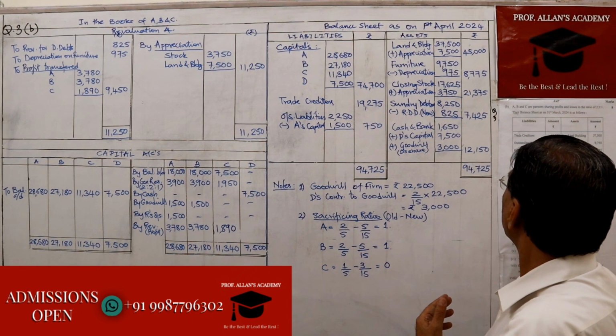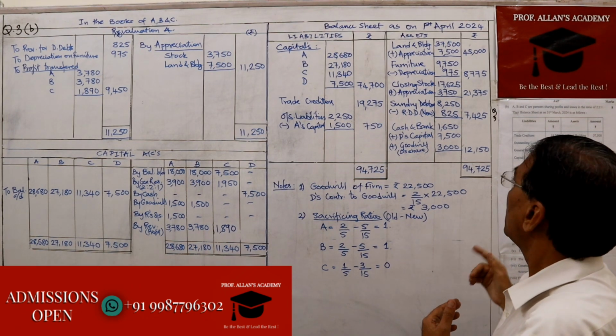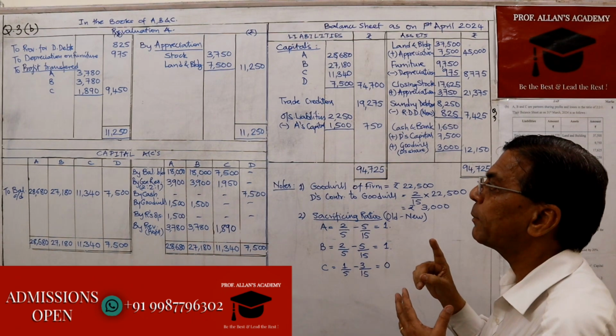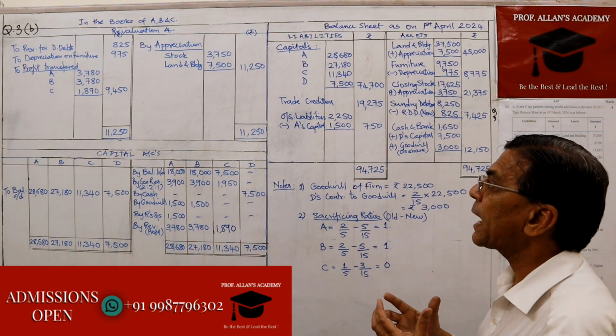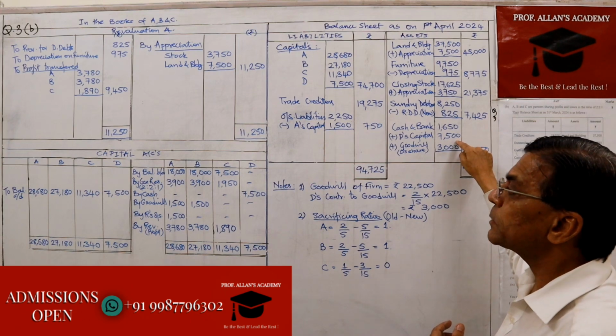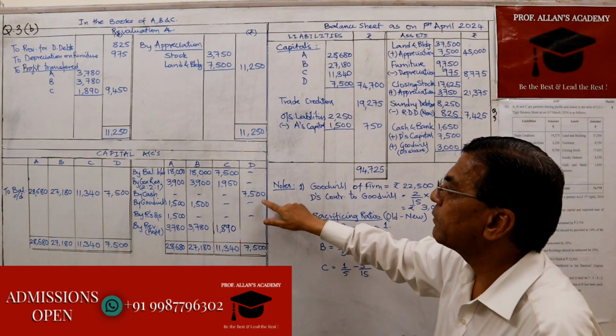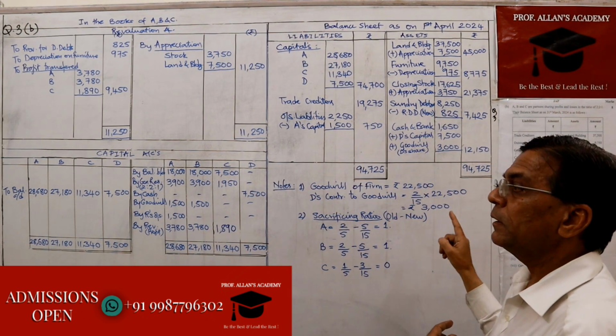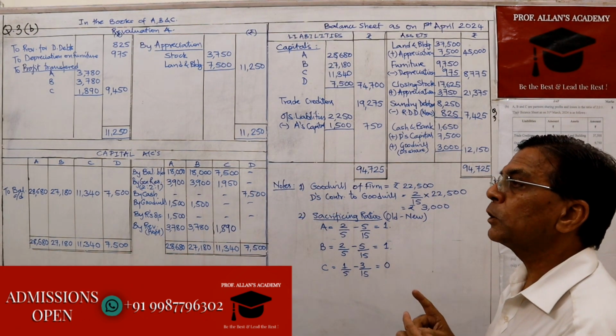Now, going through the adjustments, D is going to bring in 7,500 as his capital. When he brings in his capital, it will be in cash. So cash at bank will increase by 7,500 and we will have to give D's capital a credit. In the same way, he will also have to bring in goodwill.